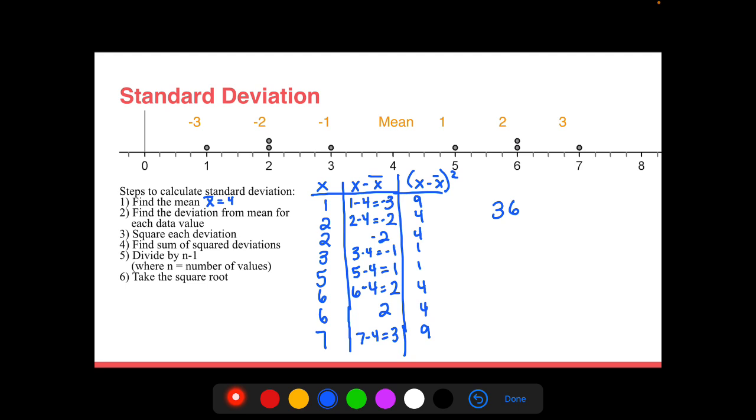So look at how many dots we have. 1, 2, 3, 4, 5, 6, 7, 8. So n equals 8. So we're going to divide by 7. And then it says take the square root. So this ends up being 2.3. So this is called s sub x. So standard deviation is 2.3.